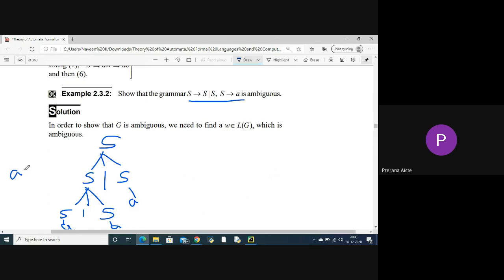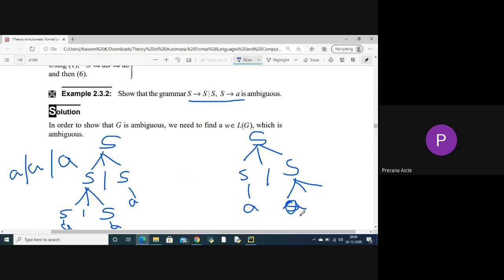So here the string is A slash A slash A. Here also S tends to S slash S. I'll replace this S with small a and this with S slash S. It is small a. It is also small a. It is also the diagram for A slash A slash A.